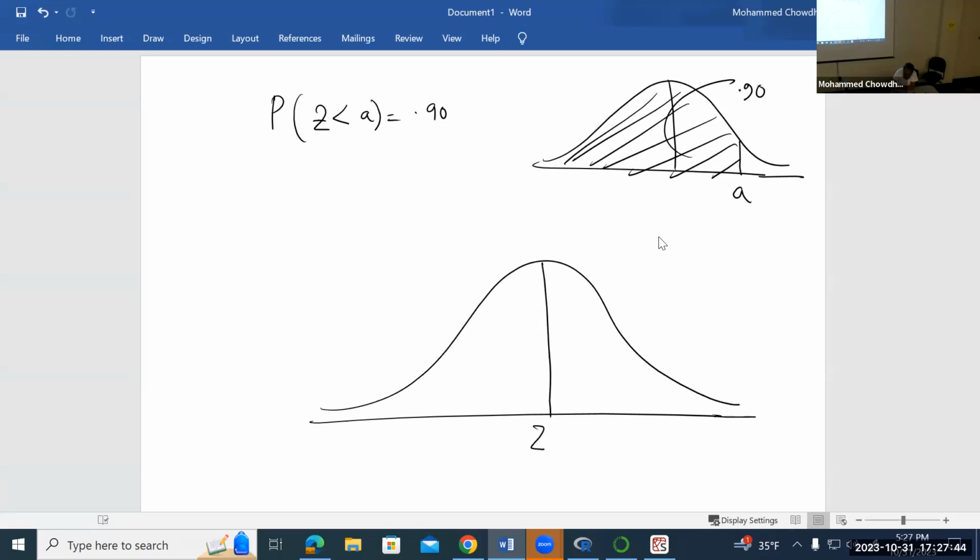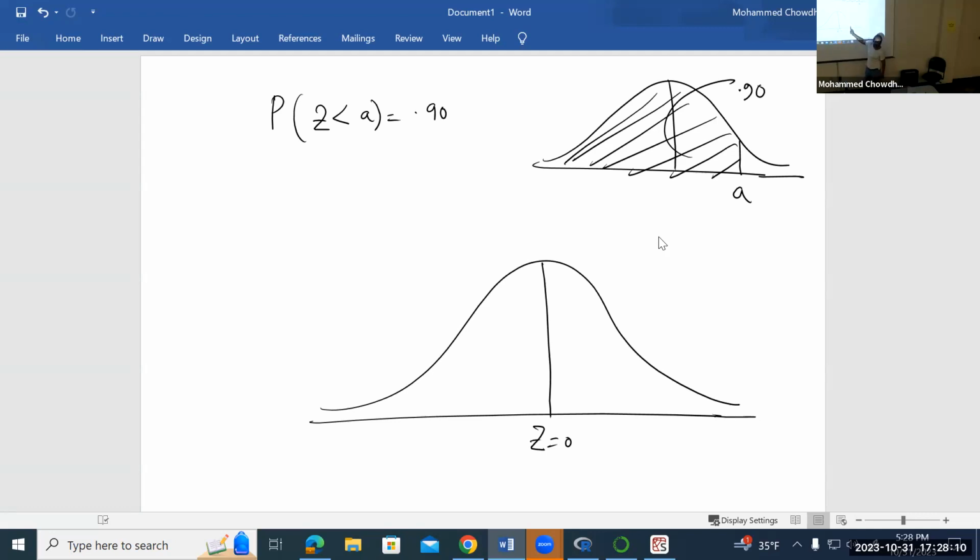When it is Z equal to 0, please take a look at the board. Very important thing I am telling you now. Are you looking at the board? This is the Z value, and under this bell-shaped curve above this horizontal line, 100% frequency.